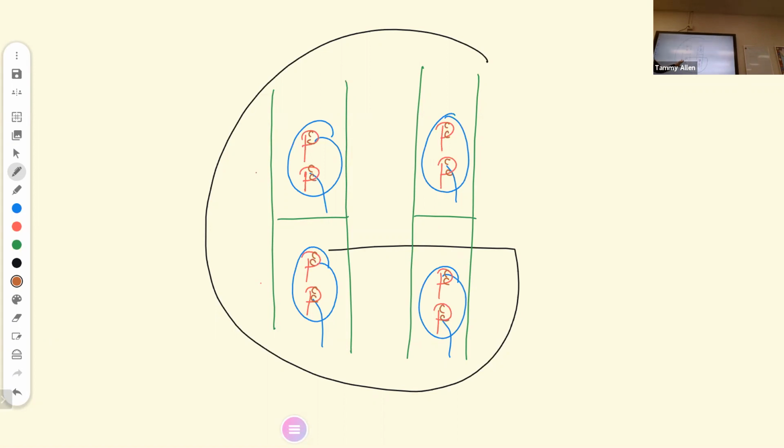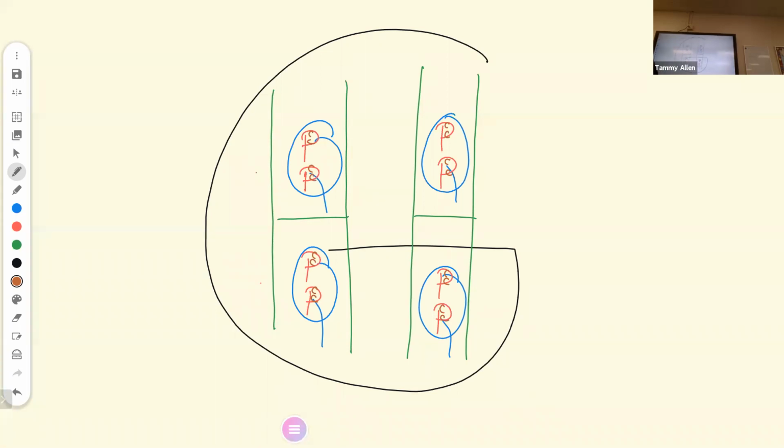If you can do a quick sketch like this, can you easily see the relationships? So if you're having trouble remembering where you are or what you're doing, draw a quick sketch. Does that make sense?